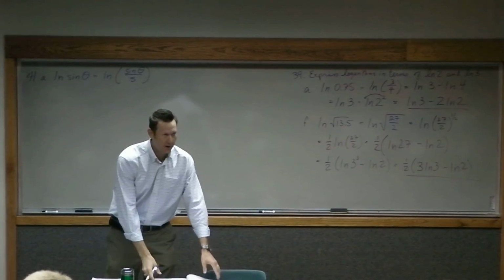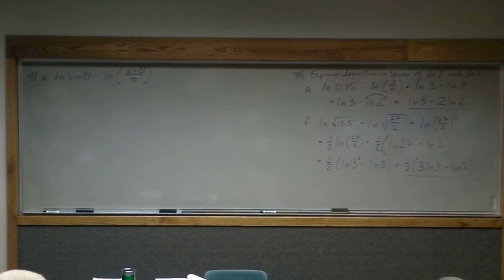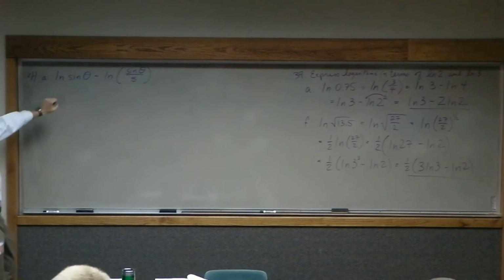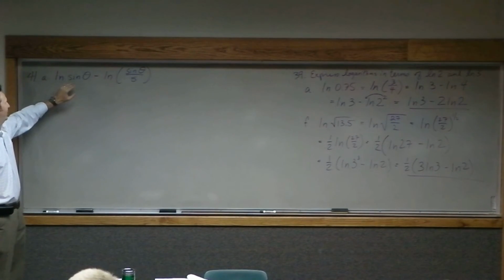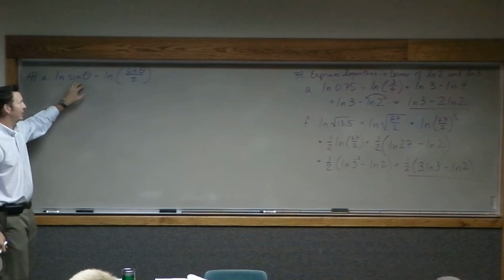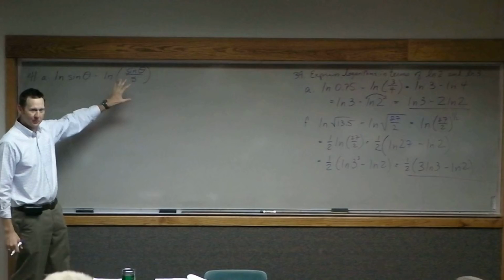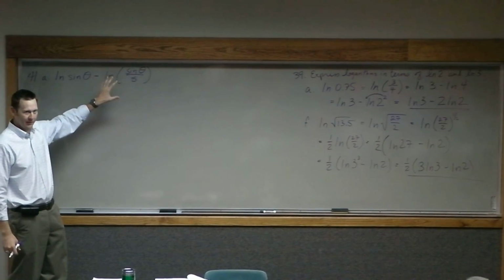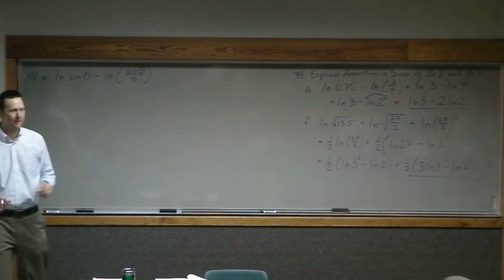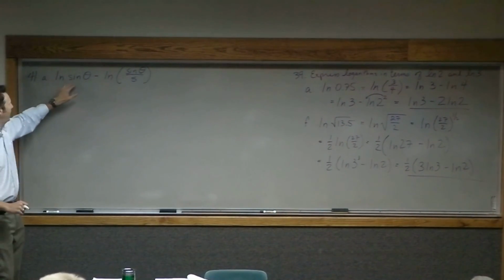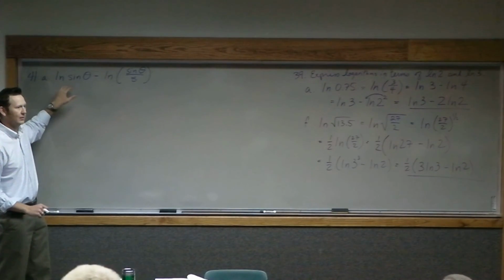Sometimes we see natural logs and trig functions and we just freak out. Okay, this is nothing more than a simplification problem. And if it said natural log of 3 minus natural log of 3 over 5, we wouldn't freak out so bad, right? Okay, so it's the same, just with a trig function. What is our property of natural logs that we want to use here to simplify?